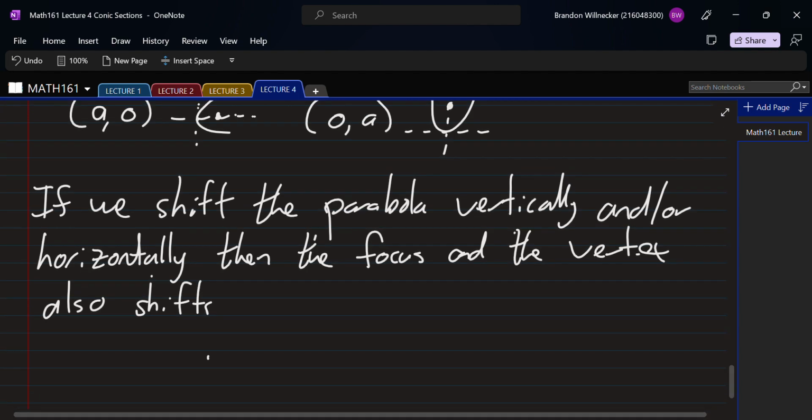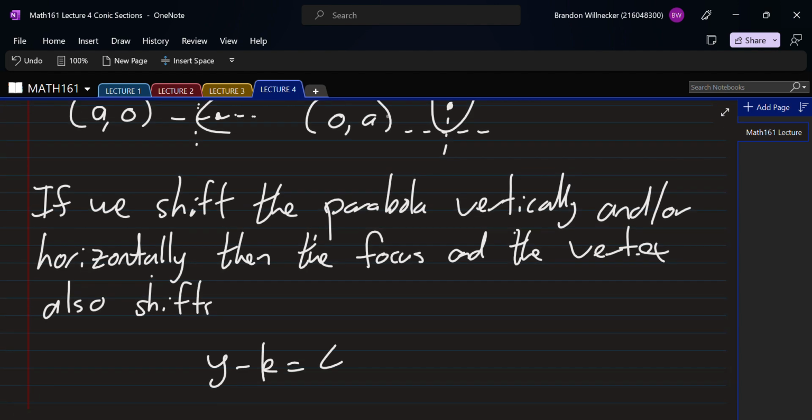So something like y minus k is equal to 4a times (x minus h) squared. Here we've got a shift in y due to the k, and a shift in x due to the h. So whatever vertex we found, we also need to take this shifting into account.